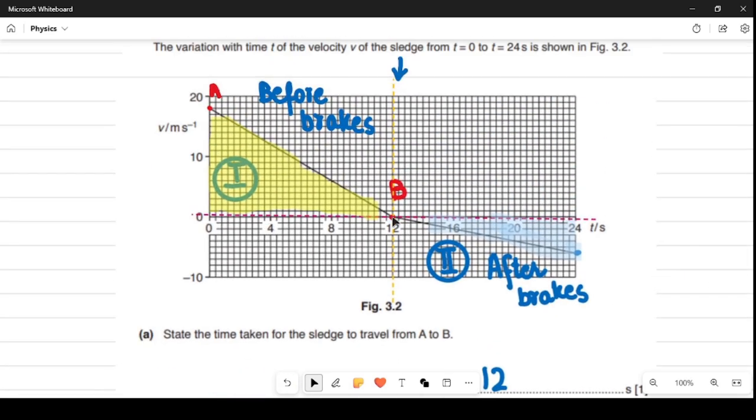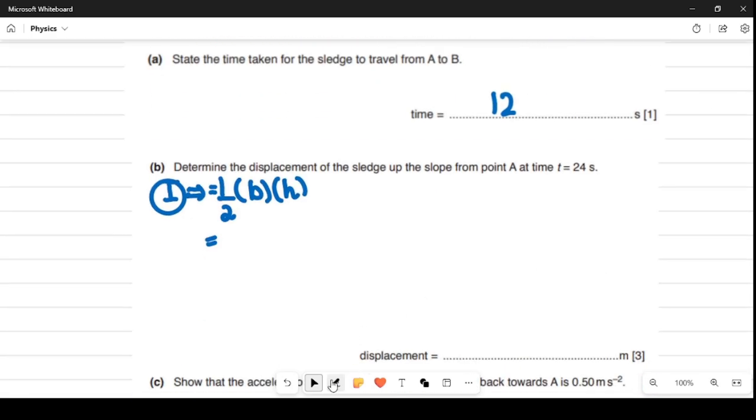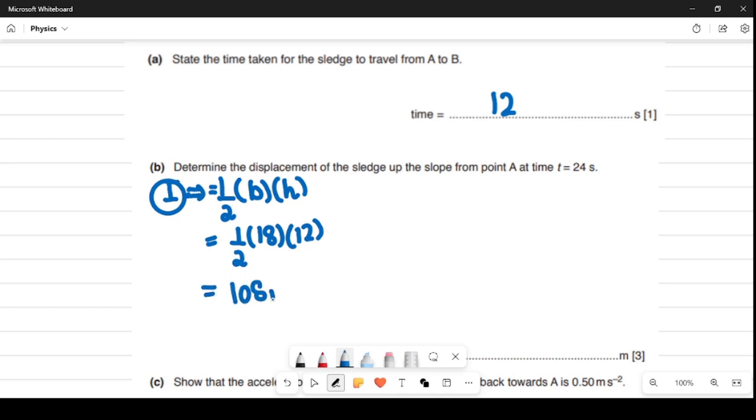Your base is 12 till point B, because you are calculating from A to B, and your height is going to be 18, the speed at A. So you have 1/2 into 18 into 12, and your answer will be 108 meters.